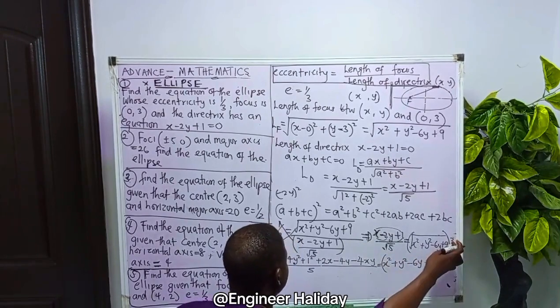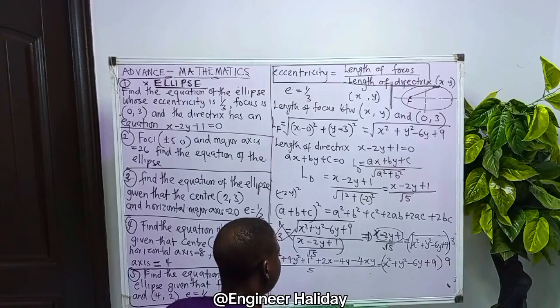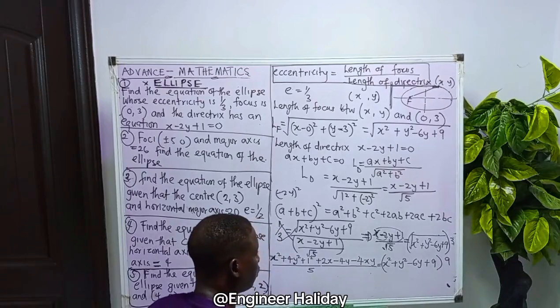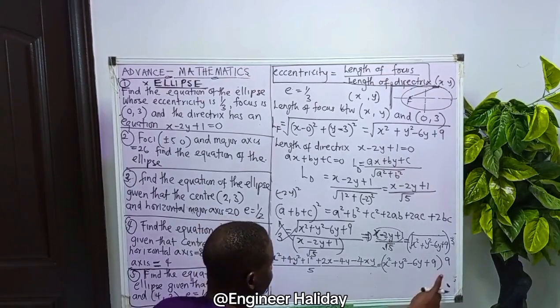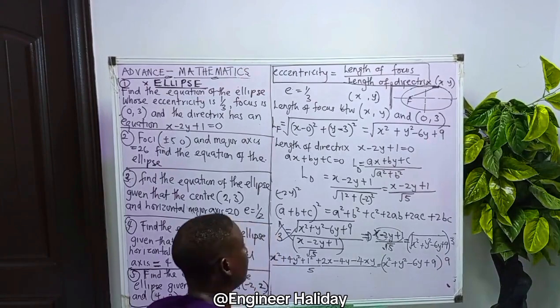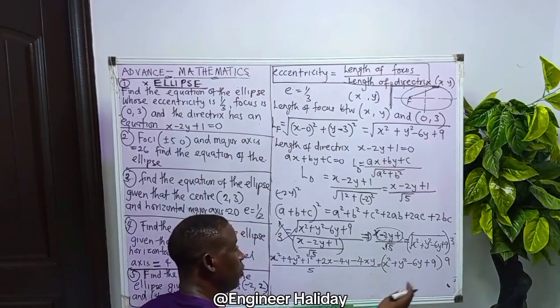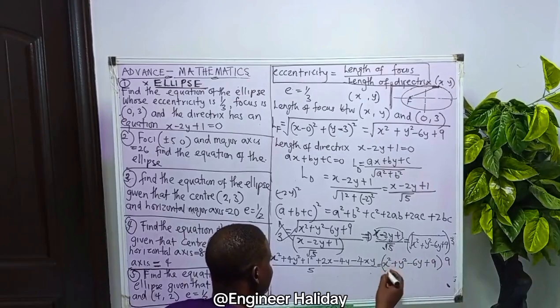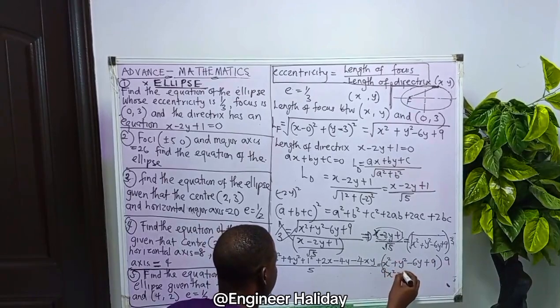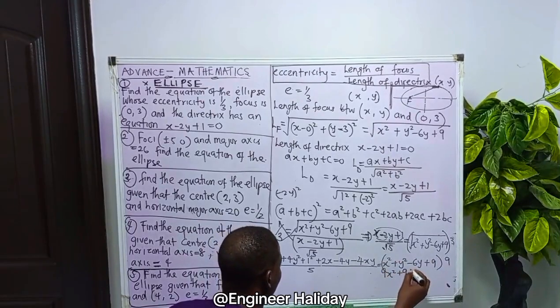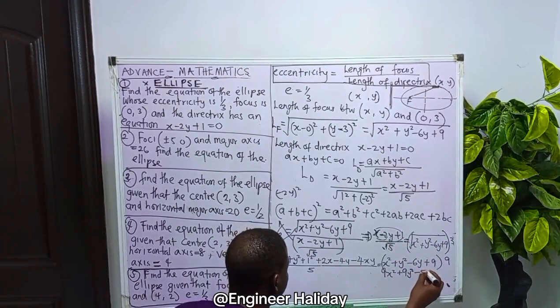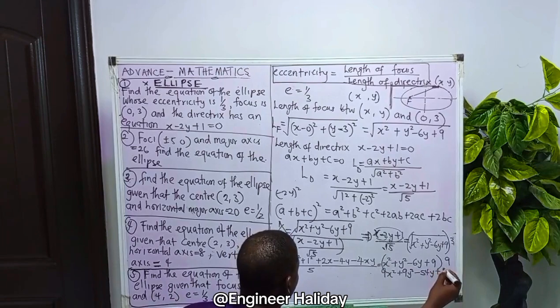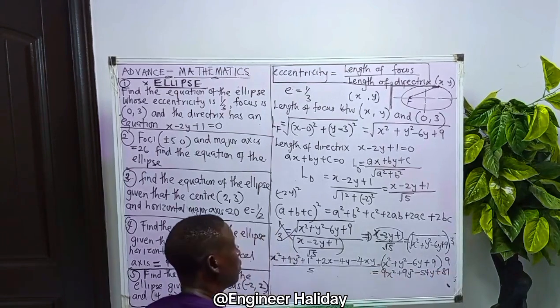If you square the 3, we would have 9. We are squaring both sides. So multiplying by 9 now, we are going to have 9s square plus 9y square minus 54y plus 81. That's what we want to have.